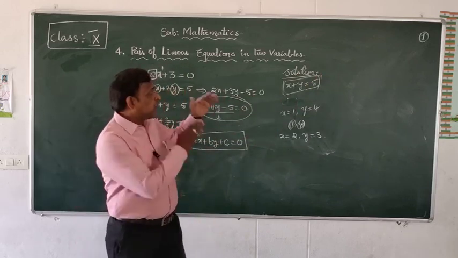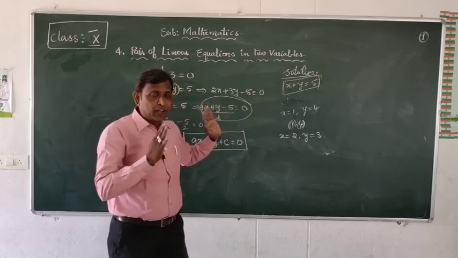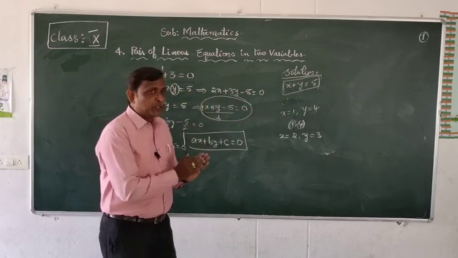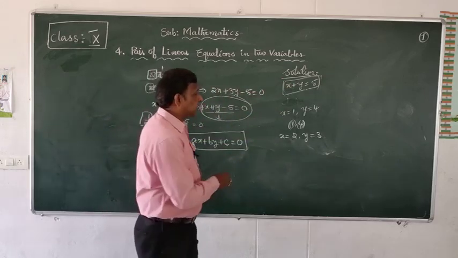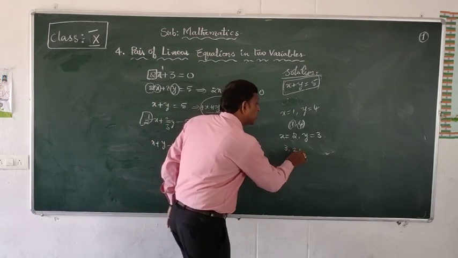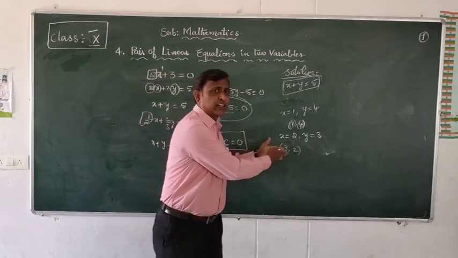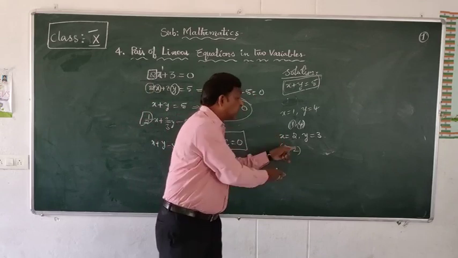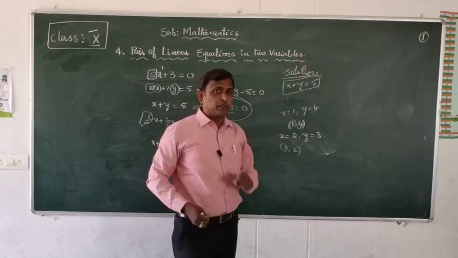That means one straight line has two solutions till now, remember that. Not only two, you can say the next answer also. 3 comma 2, x is equal to 3, y is equal to 2. Yes, absolutely, that is also correct. That is also a solution of x plus y is equal to 5.